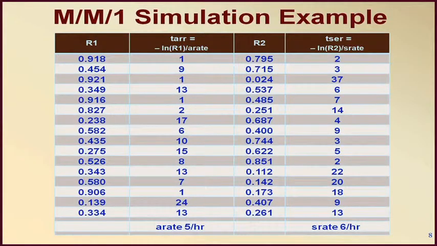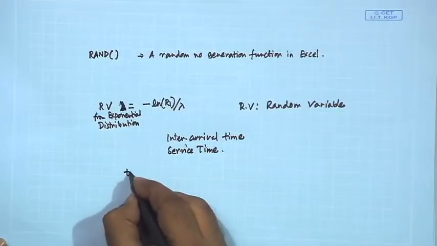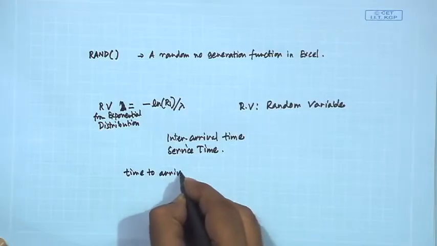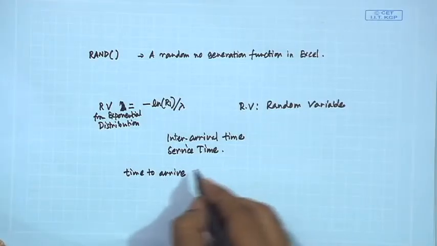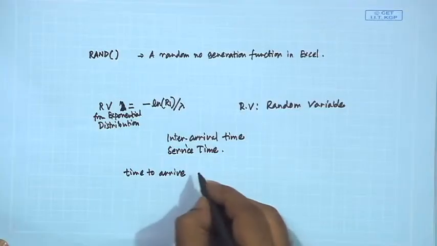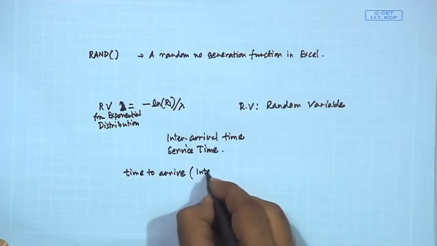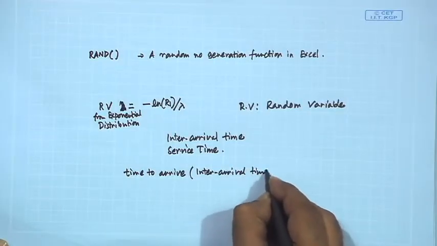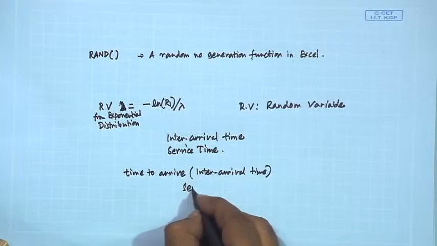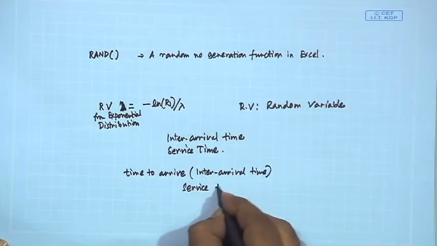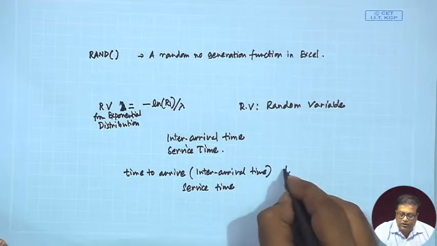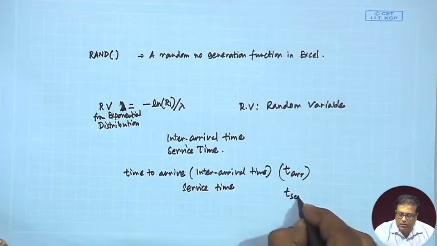One is the time to arrive, or inter-arrival time, and the other is service time. So there are two times that we have calculated, which we are calling T arrival and T serve.